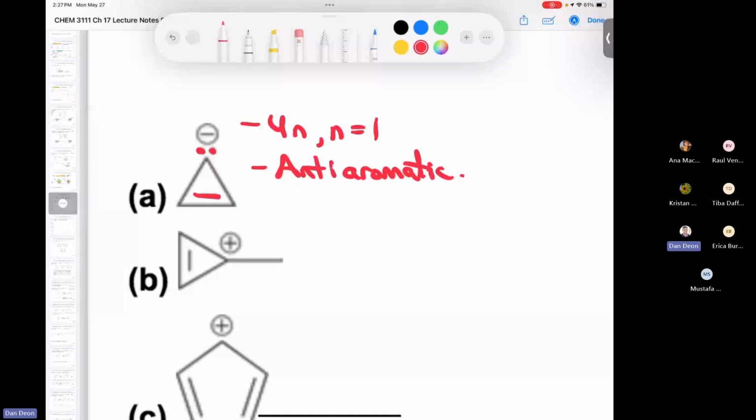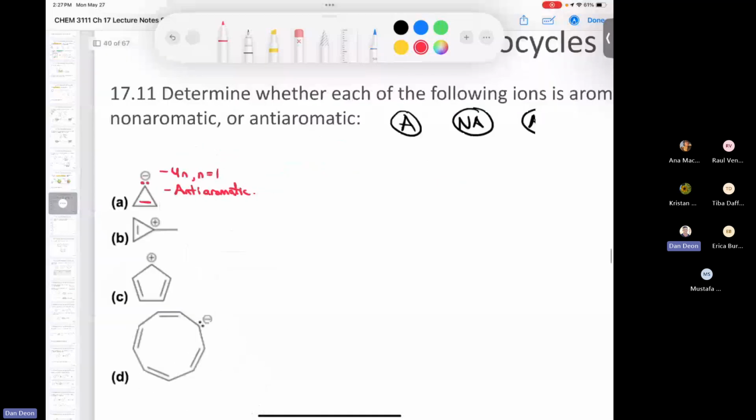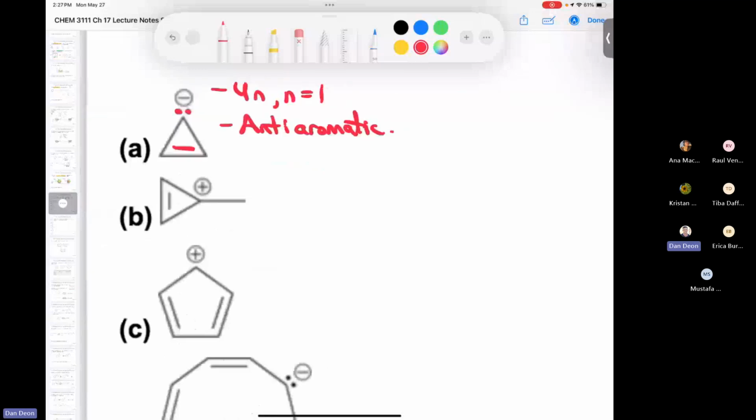Okay, so if we take a look at the next one, let's try one more, and then I'll let you guys try the rest before class on Wednesday. If I look at this carbocation, that carbocation is definitely sp2 hybridized. So we have a p orbital on it. We have one here, and we have one here, because these two carbons are sp2 hybridized. So we have a continuously overlapping system of p orbitals.